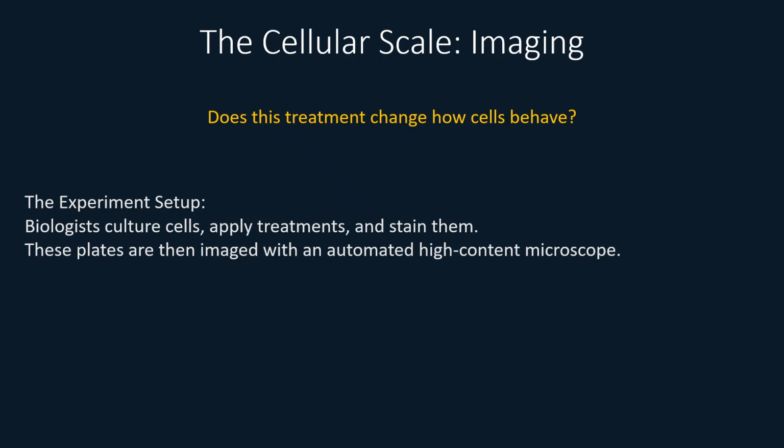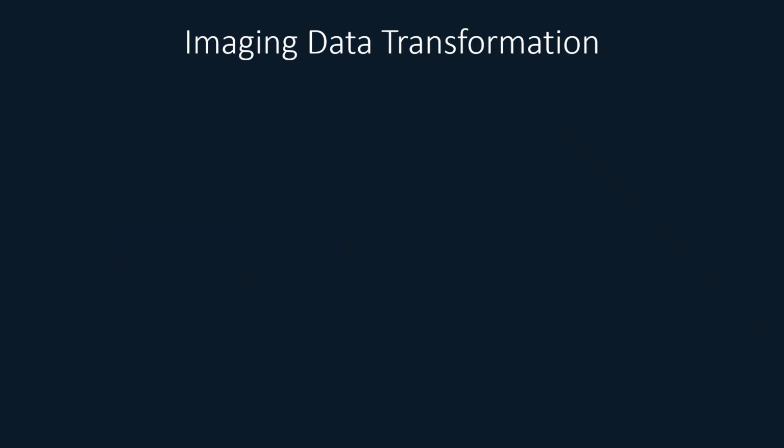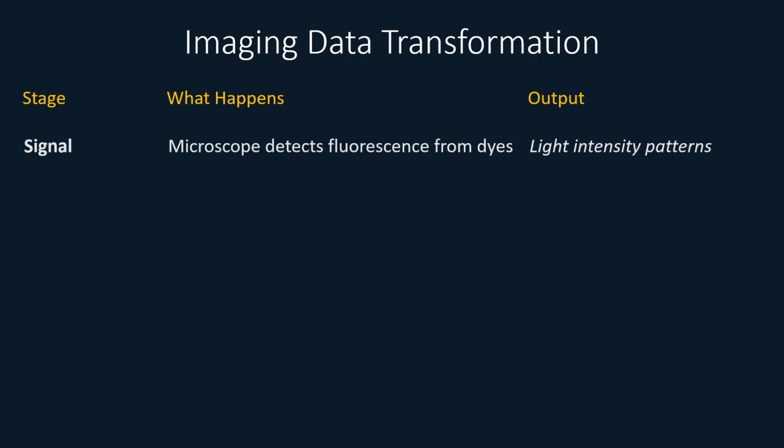So let's see that data transformation. Let's see imaging transformation, from signal to TIFF. At the signal level, the microscope is just detecting fluorescence, photons emitted by different dyes, typically one channel per marker.